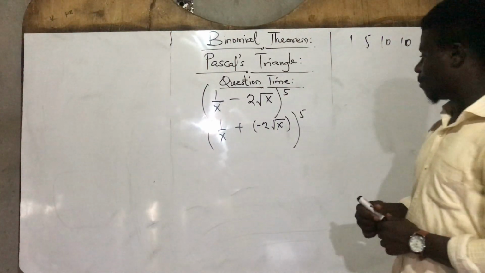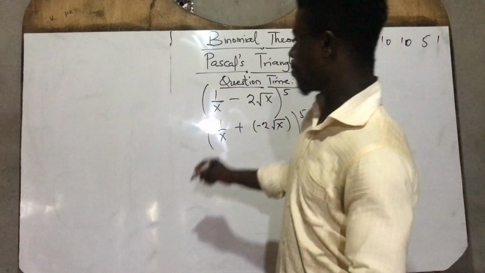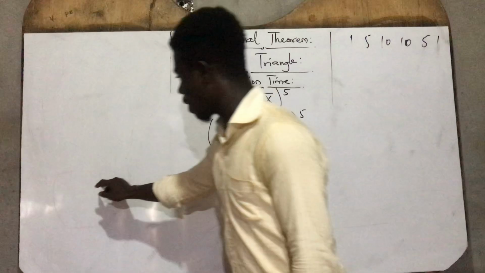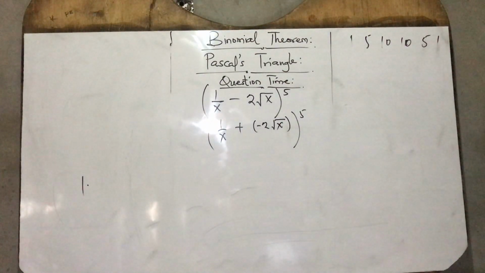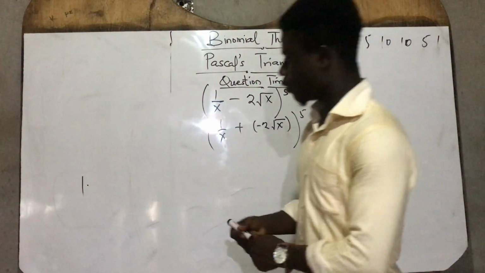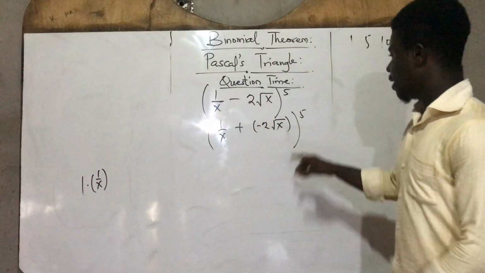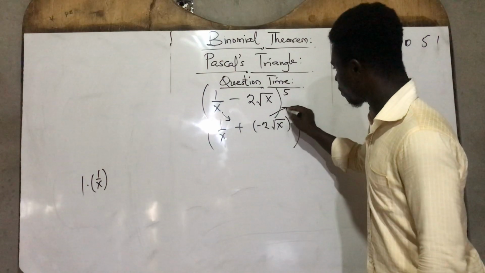Alright. So now, you start with the coefficient. Let me start from here. The coefficient, which is 1, we are beginning with 1. So 1 times this 1 on x, right? It is decreasing, and this one is increasing.